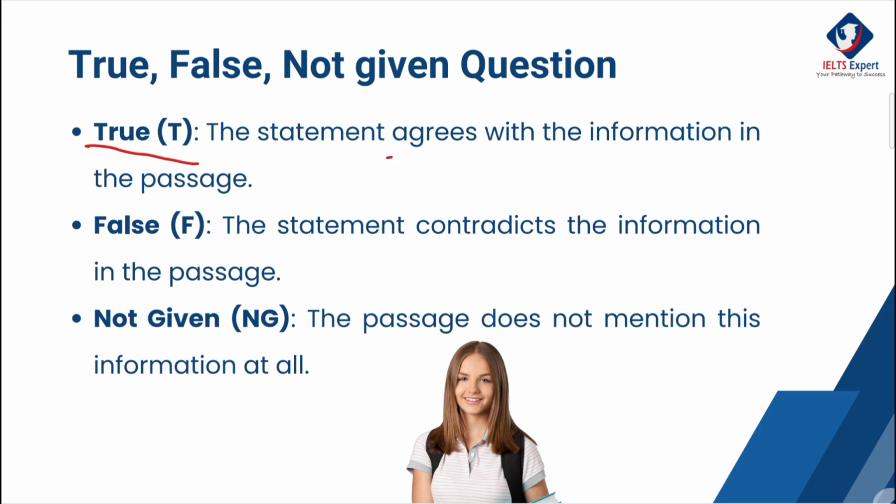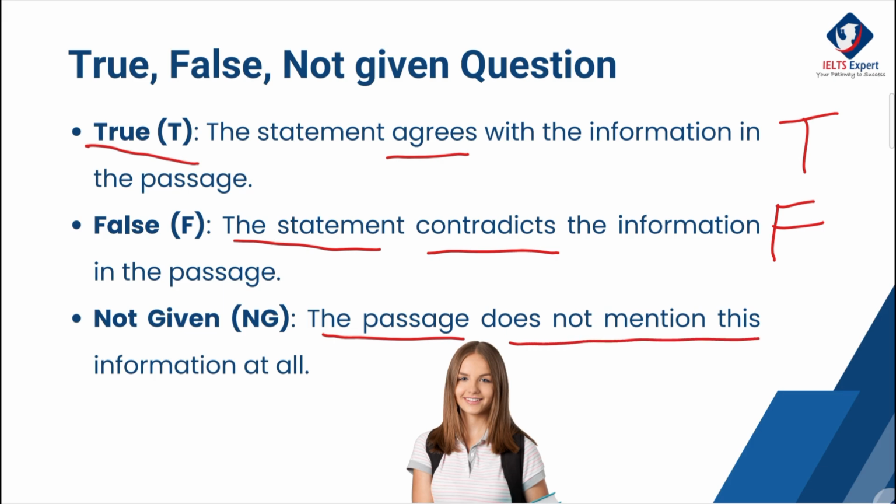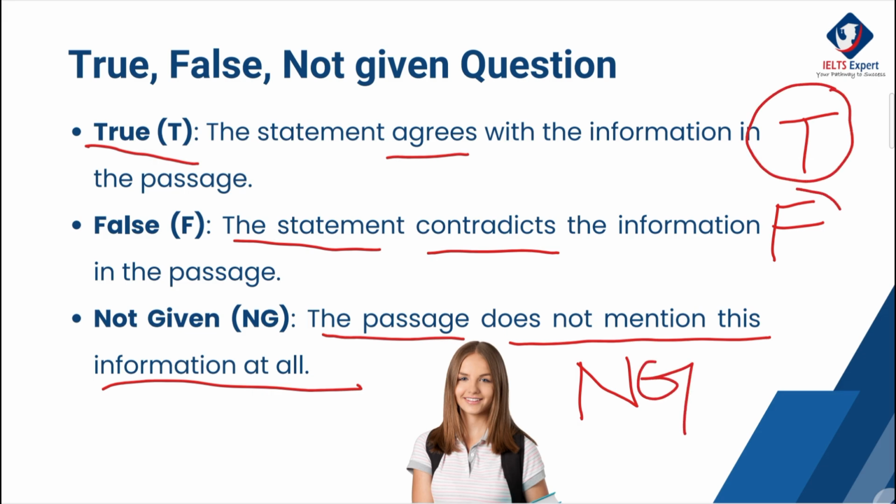If the statement agrees with the information in the passage, you can write T. And if the statement contradicts the information in the passage, you will write F. And if the passage does not mention the information at all, you will write NG, that means not given. So this is how you will write your answers on your answer sheet.